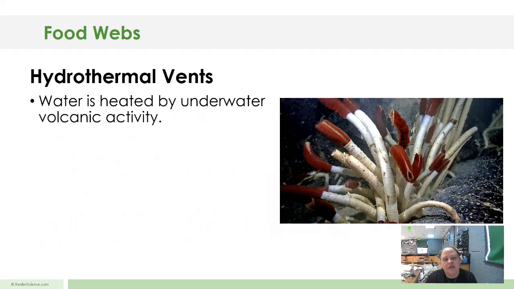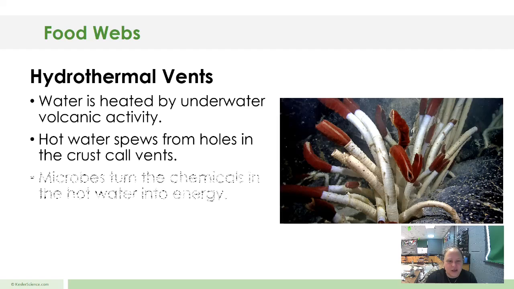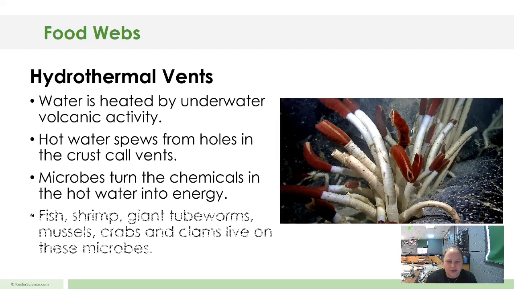Hydrothermal vents are where water is heated by underwater volcanic activity. Under the Earth's crust we have the mantle, and there are fault lines even in the ocean that contribute to this heat. Hot water spews from holes in the crust called vents. Microbes turn the chemicals in the hot water into energy.